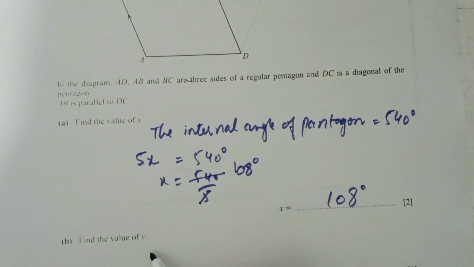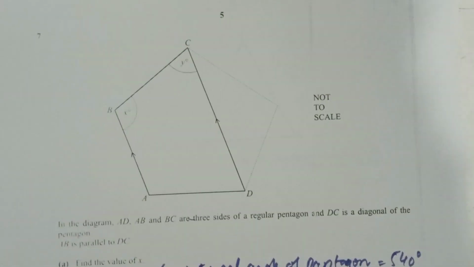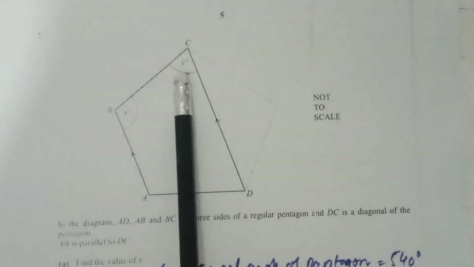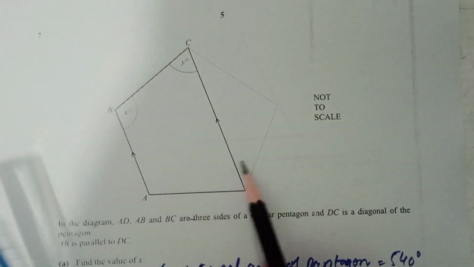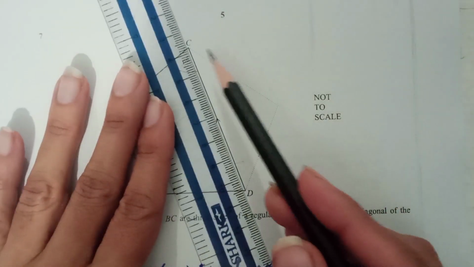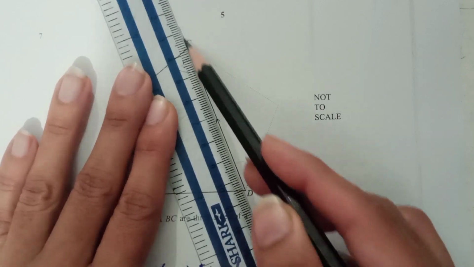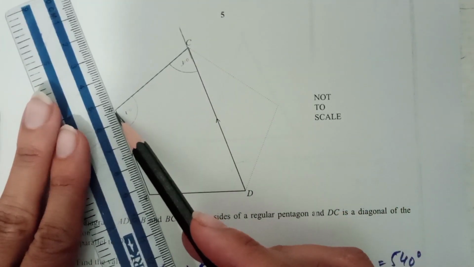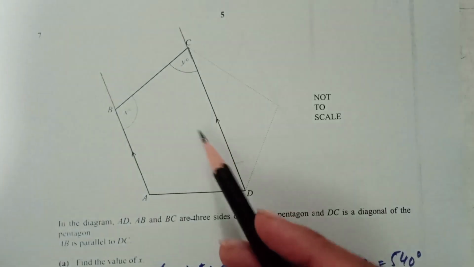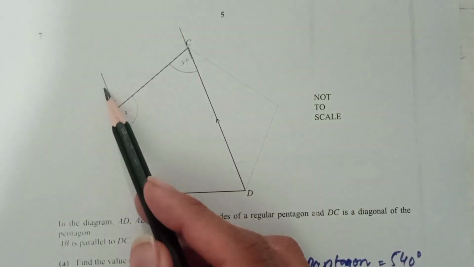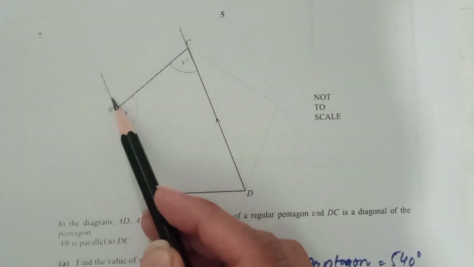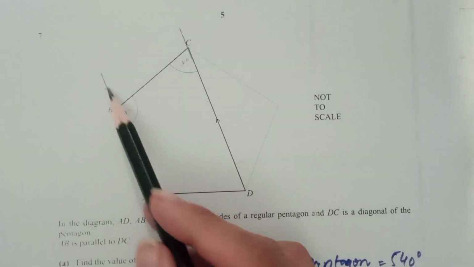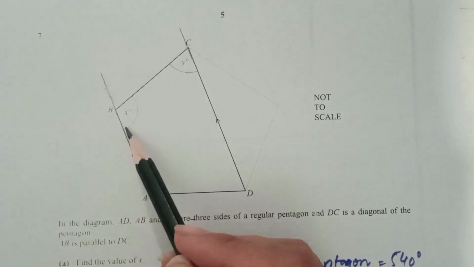Now let's find the value of y. This is not the complete angle. Now we see that both lines are parallel to each other, and we know that the alternate angles are equal. This angle will be equal to this angle, and we know that that is a straight line.